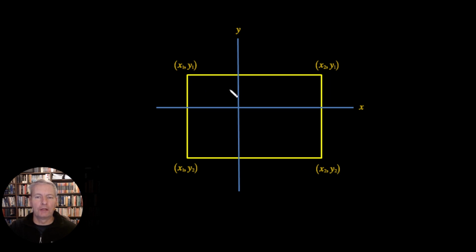Now we're going to have to generate the other 2 points. But the other 2 points are generated quite simply because it's a rectangle. Now in order to get this point here, you can see that the y height remains the same. So the y value will remain at y1, and the value for our x will be the same as the value for the x here, the distance from here to here, which is going to be x2.